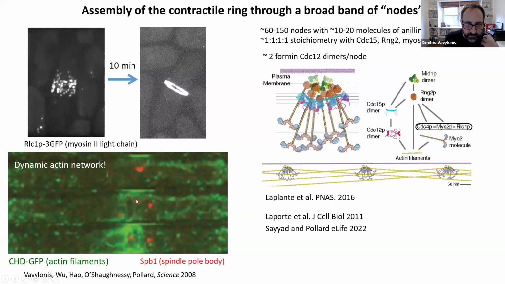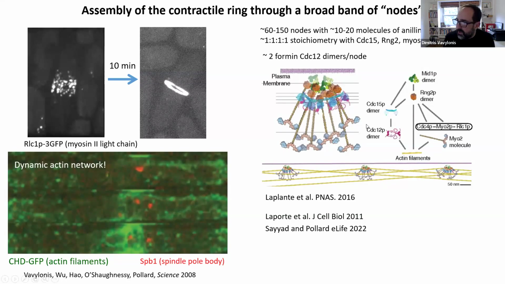So you can see here in this bottom experiment where the actin is labeled in green. When the spindle pole body in the middle of the cell splits into two, a puff of actin is created in the middle of the cell, and then this network of actin brings together the nodes into a ring.